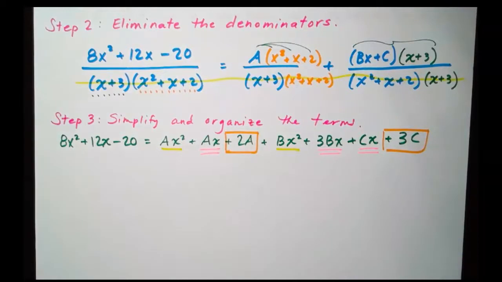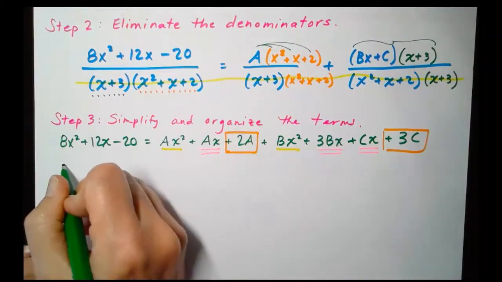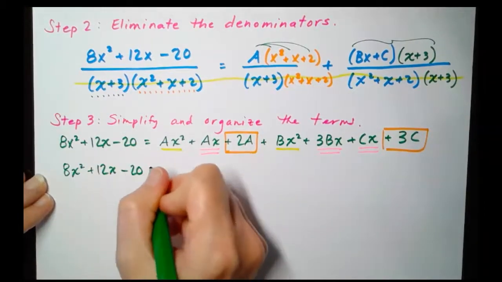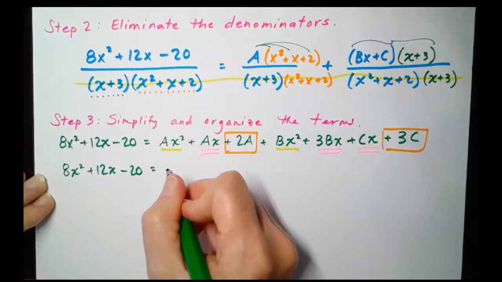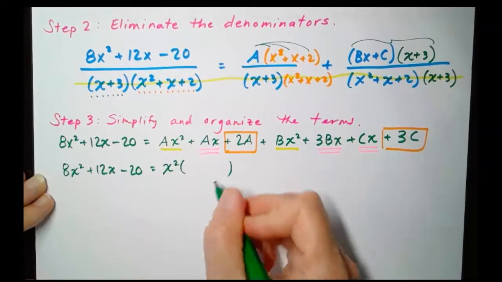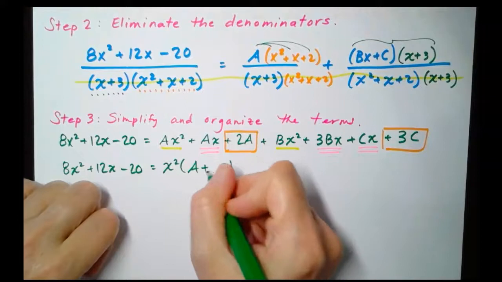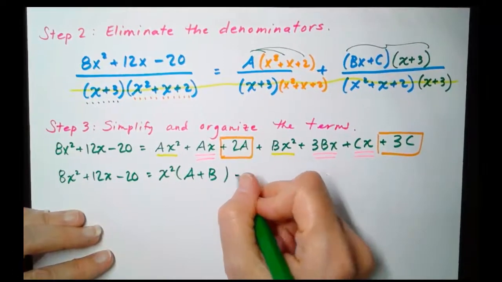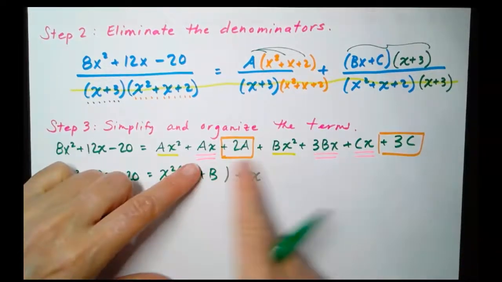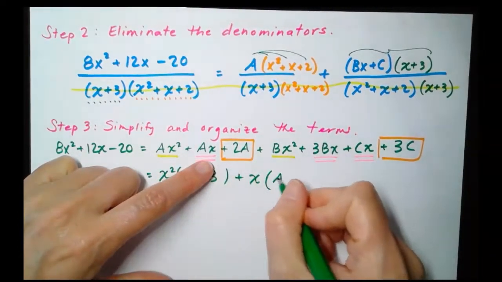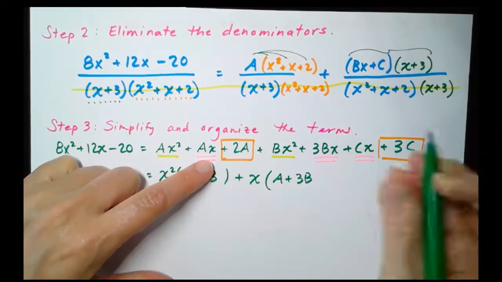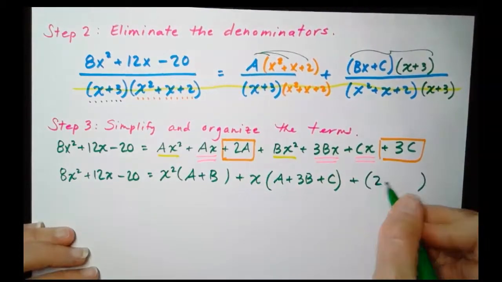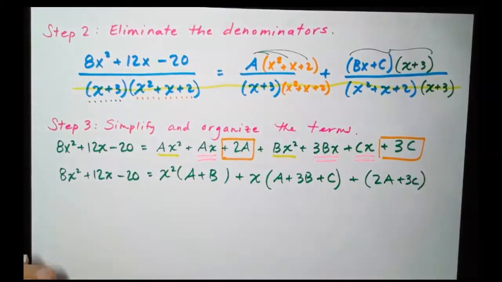So use the commutative property, put together the terms that go together. 8x squared plus 12x minus 20, and that's equal to x squared times A plus B. Those are the terms in yellow. And then we've got plus x, okay, now the pink one, so that's positive A plus 3B plus C, and then the constants, 2A plus 3C.